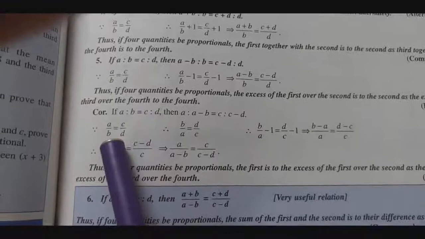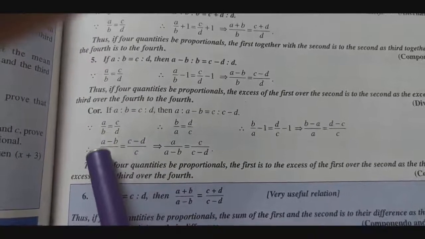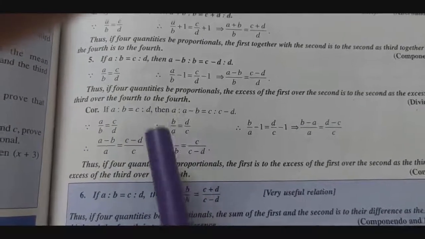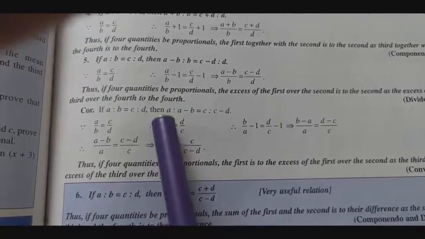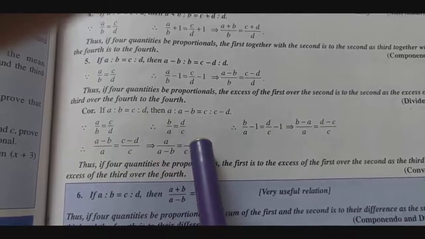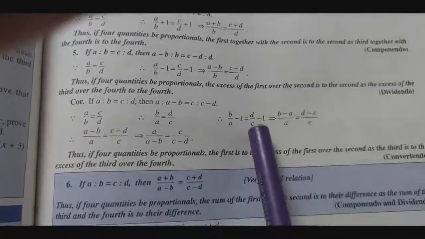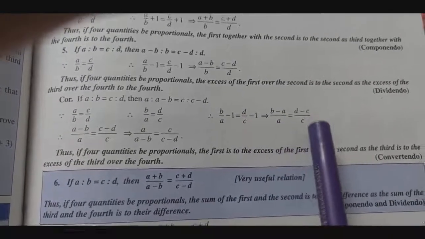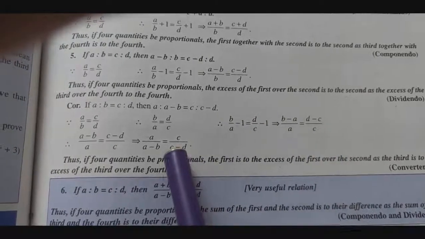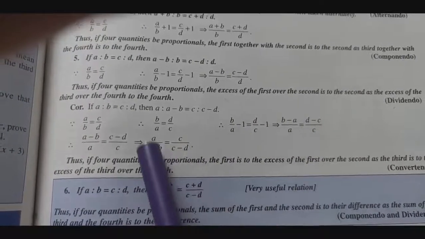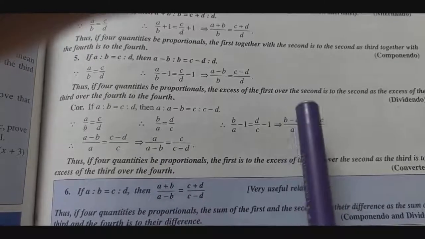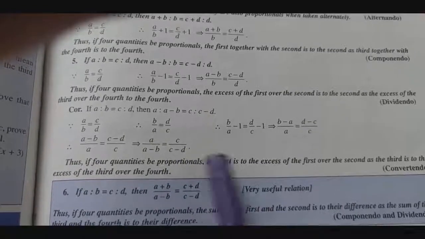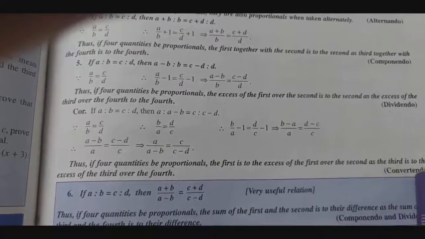Here one corollary is also given, that is A ratio B is equal to C ratio D. So we can take the reverse, or you can say the reciprocal, that is B by A is equal to D by C, and then subtracting 1 from both sides, you get B minus A upon A equals D minus C upon C. And at the end, if you take its conversion, means upside down, A upon A minus B is equal to C upon C minus D. This result is known as convertendo.